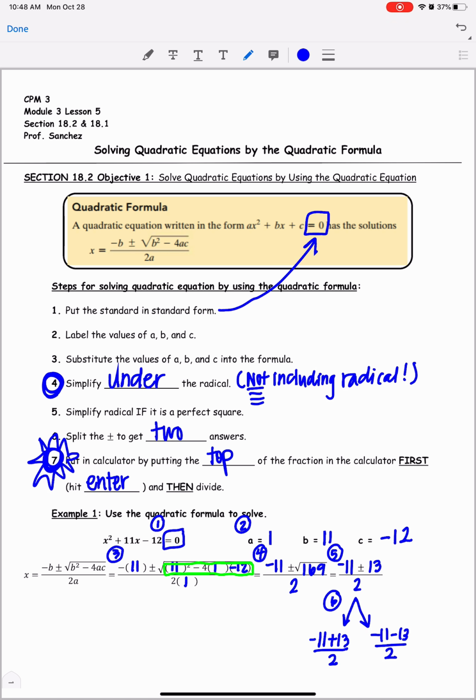Once you hit enter, then just hit the divide sign and divide by whatever is in the bottom, in this case 2. Okay, so this is kind of like last lesson. I can't really show you what to do. So if you're not getting the answers I'm getting, you need to come in and see me. On this first one, you're putting negative 11 plus 13 in your calculator. You hit enter. When you put that in, you should get 2. Keep that 2 in that calculator, then just hit divide 2, and your first answer will be 1.